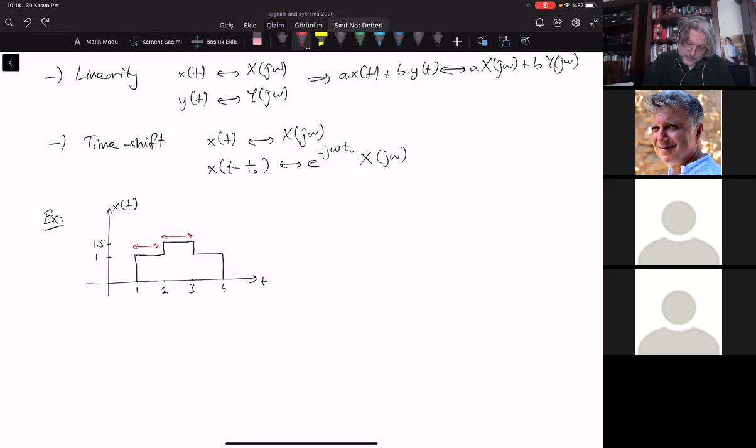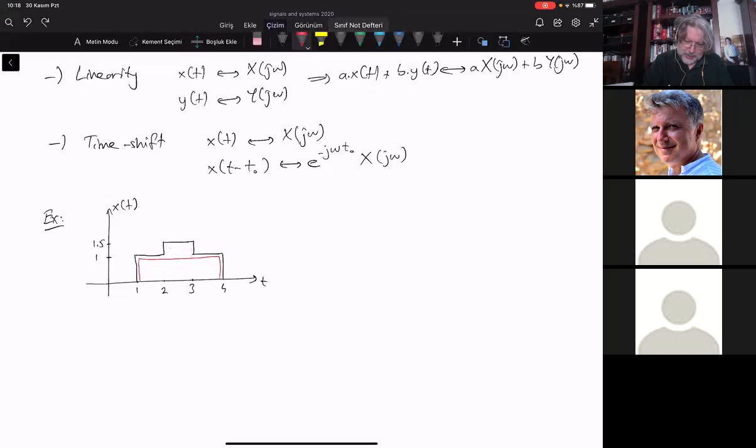Or an equally easy way of solving this problem could be considering it as a rectangular box like this and another rectangular box which makes this addition. Okay, 2 boxes. One of them is wider than the other one, and their scales are different, and their shifts are the same actually. They are both shifted to around 2.5 from 0.